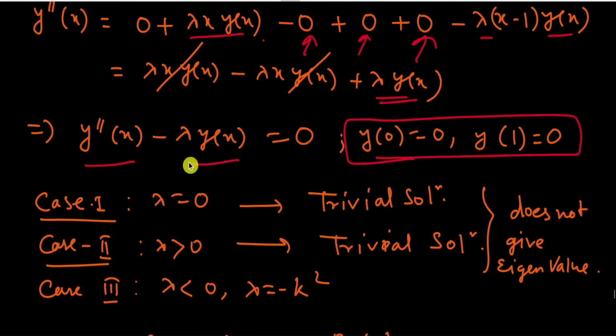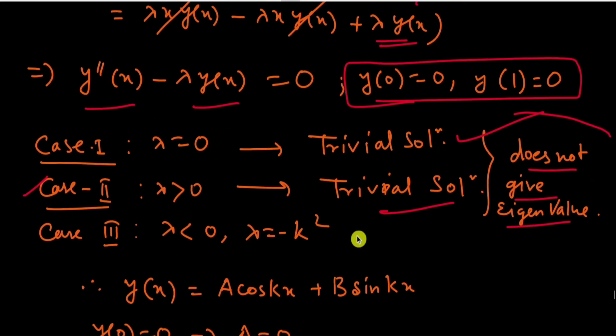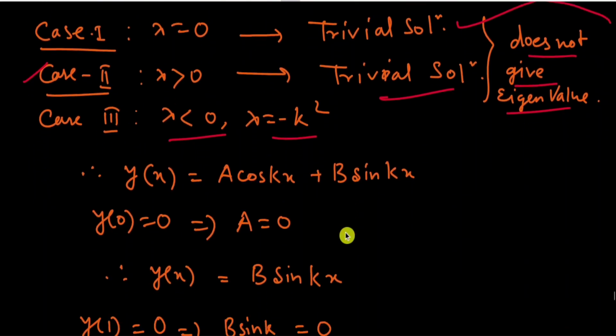So we now apply case 1, when lambda equal to 0, then we have a trivial solution. When lambda is greater than 0, then we also have a trivial solution, but we don't need these trivial solutions, because these two trivial solutions do not give eigenvalues. Therefore we are interested only in the non-trivial solution. Now for lambda less than 0, lambda equal to minus k square, we get the non-trivial solution.